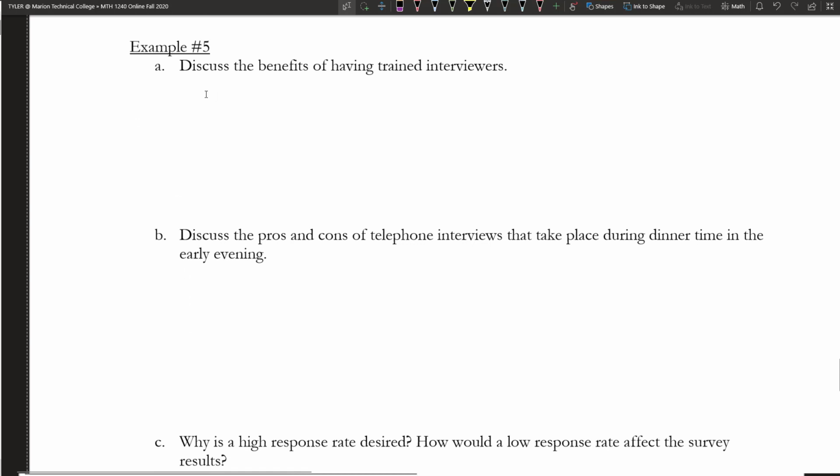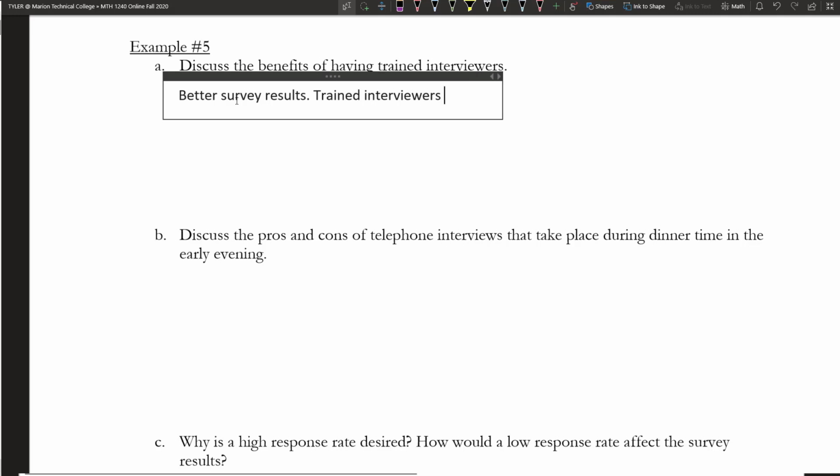All right, so then example 5, I have a couple of parts here. This first question says, discuss the benefits of having trained interviewers. Right? So I would say you're going to have better survey results.